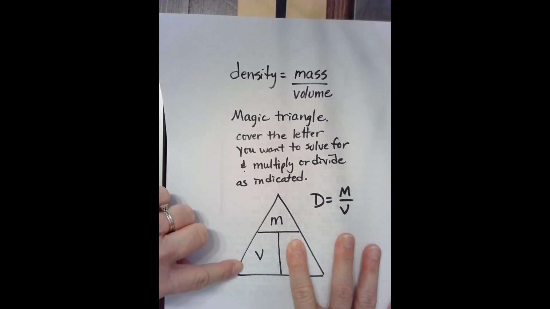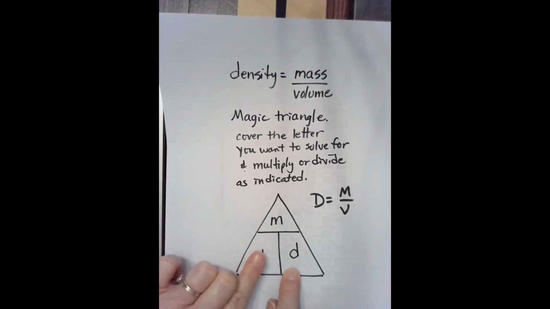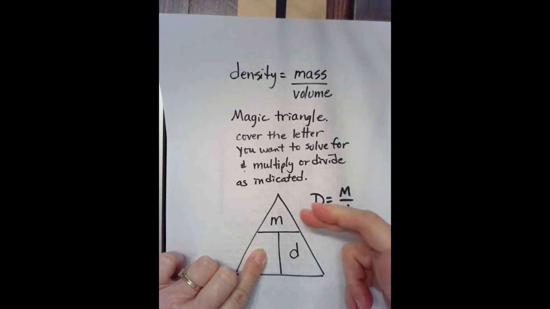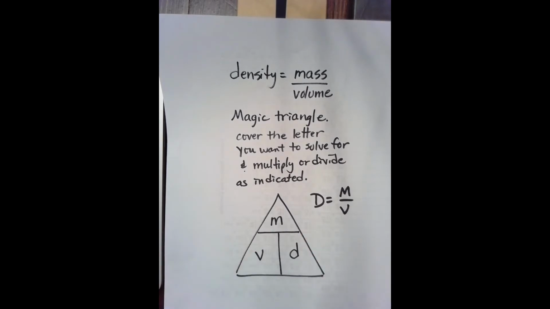I realize there's a delay on my camera. If you're solving for mass, then it's volume times density. And if you're solving for volume, then it's mass divided by the density.